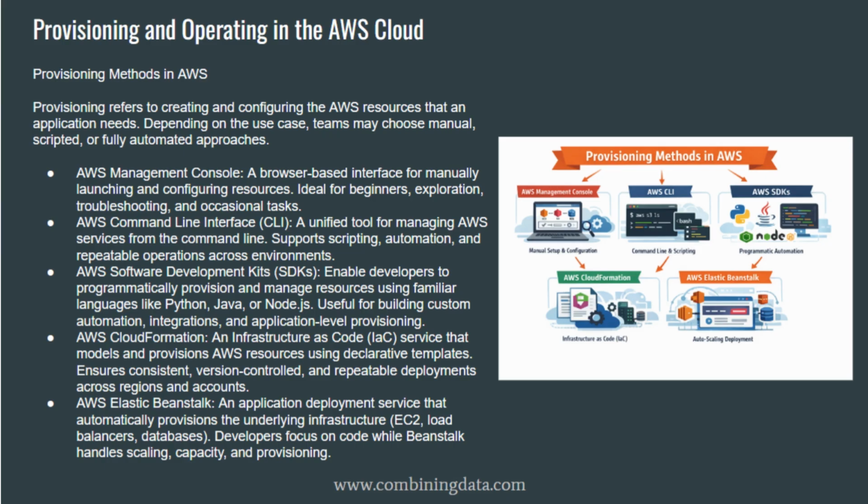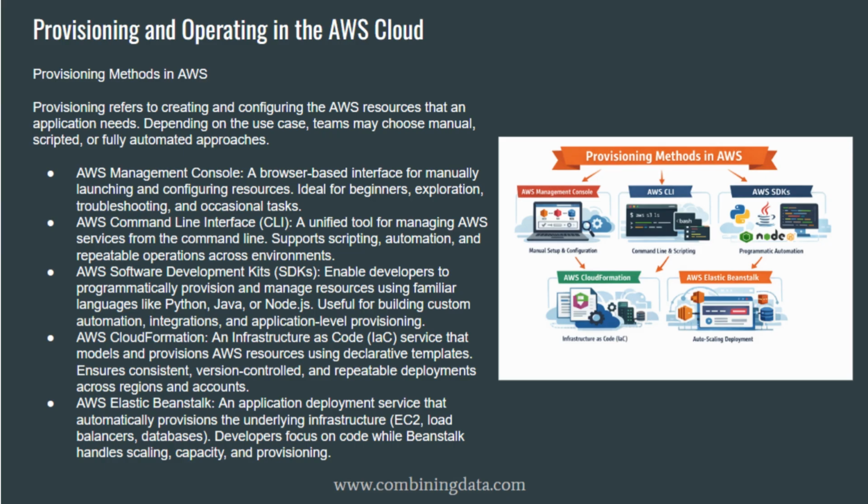You are often tested on matching the right tool to the scenario. Manual setup or learning, think AWS Management Console. Scripting and automation, think AWS CLI. Application-level automation, think AWS SDKs. Repeatable infrastructure, think AWS CloudFormation.